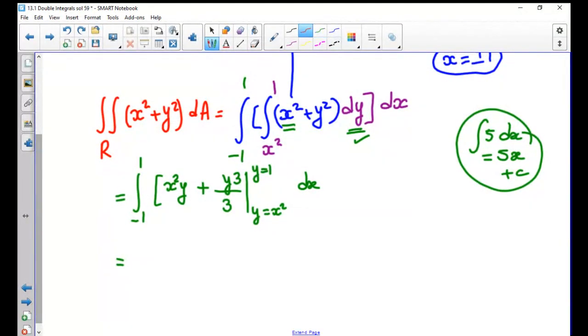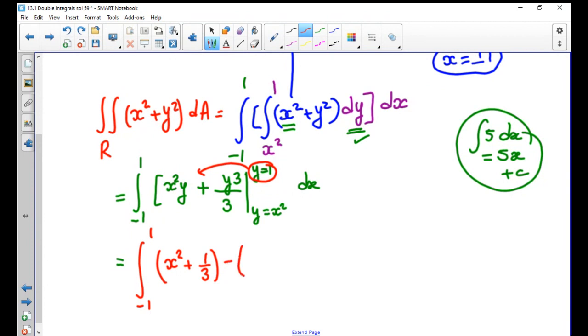Okay, great. Now we need to substitute. When I put y equal 1, I get x squared plus 1 over 3, like this.